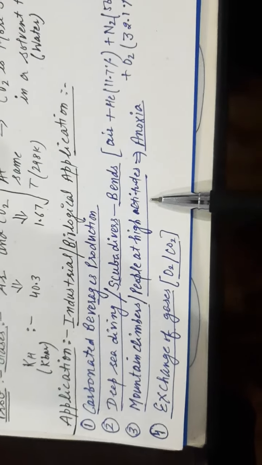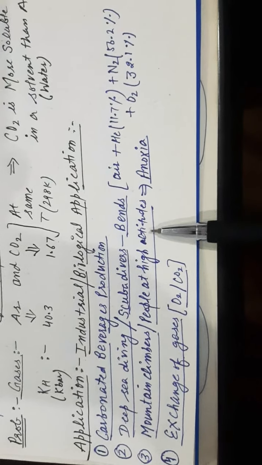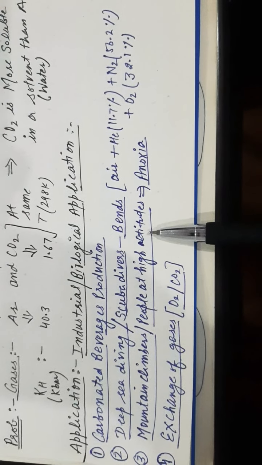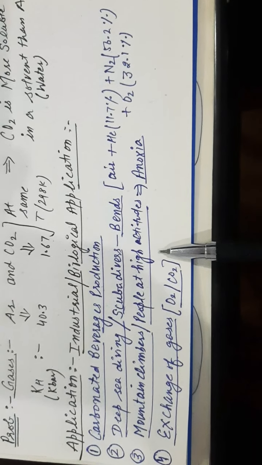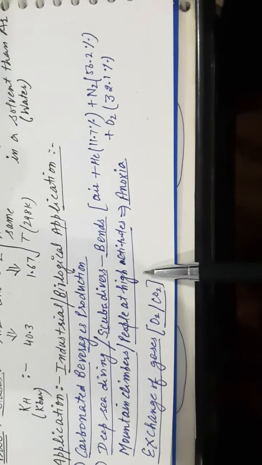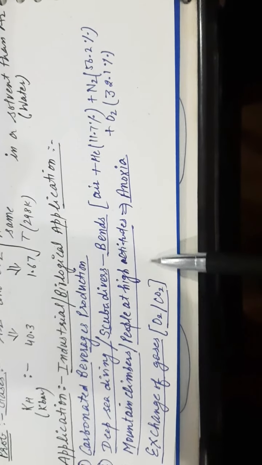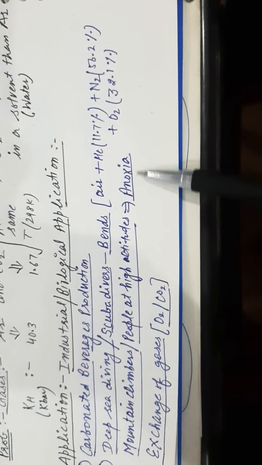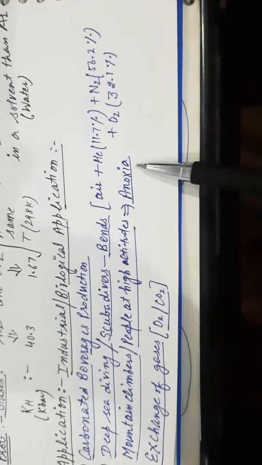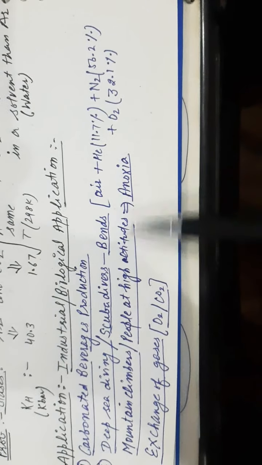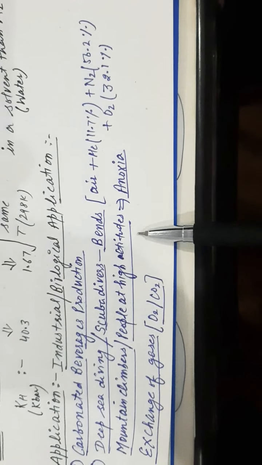Inability to think, because the brain needs more oxygen supply to think properly, but due to the deficiency or lack of oxygen, it gives rise to a medical condition known as anoxia. Anoxia means deficiency of oxygen for respiration. So oxygen cylinders are required for mountain climbers.